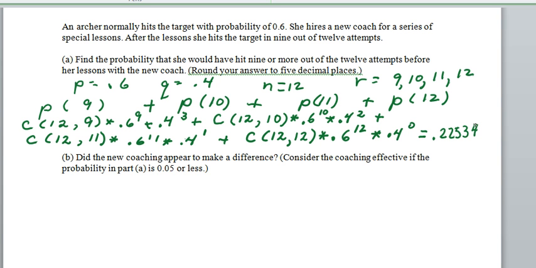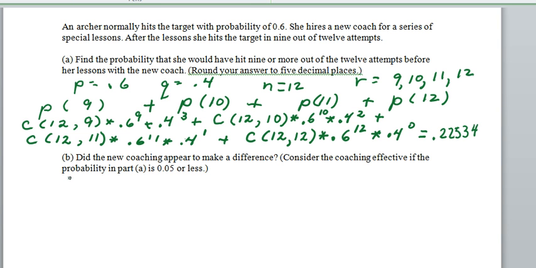So it looks as if a little more than 20% of the time, she would have hit 9 or more of the targets. And so if the probability would have been less than 0.05, we would say the coach made a difference.